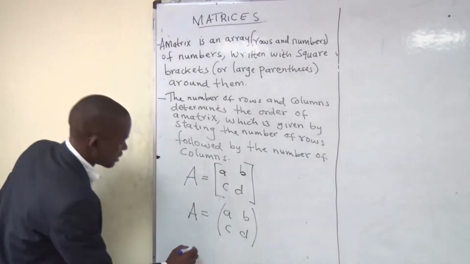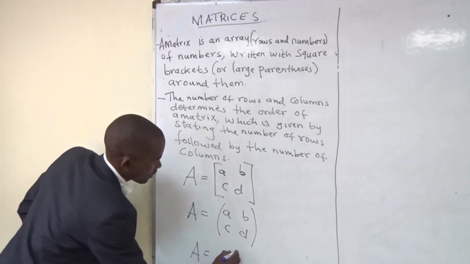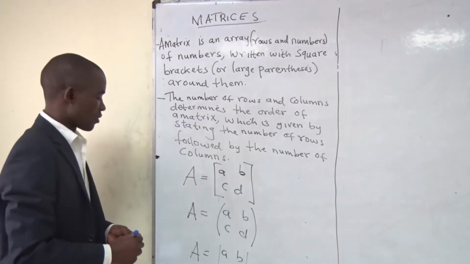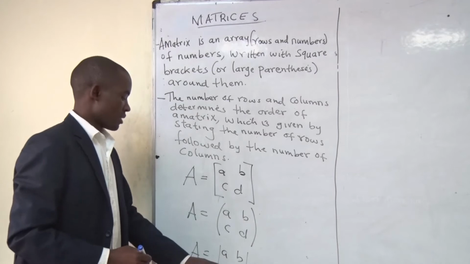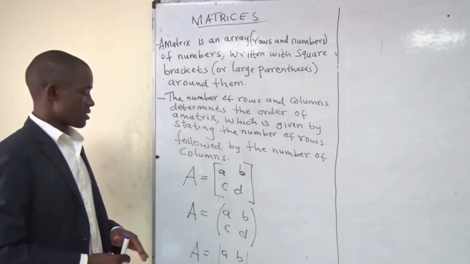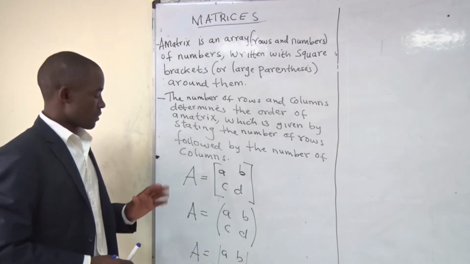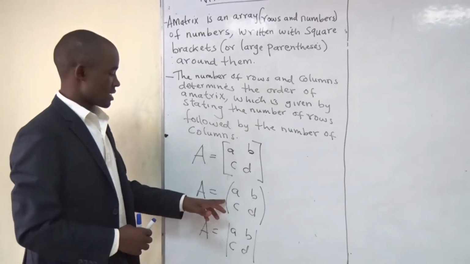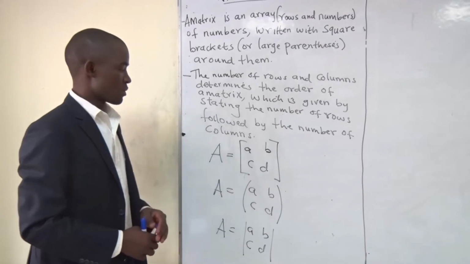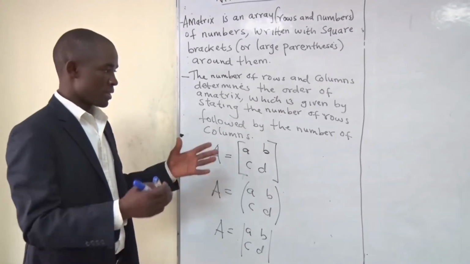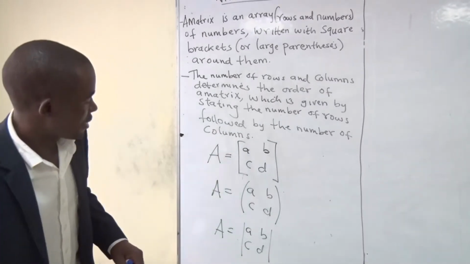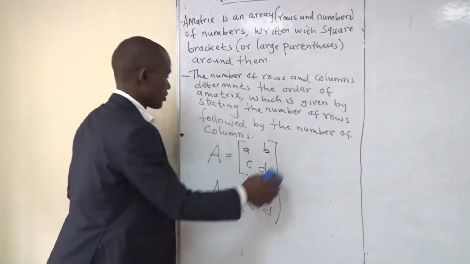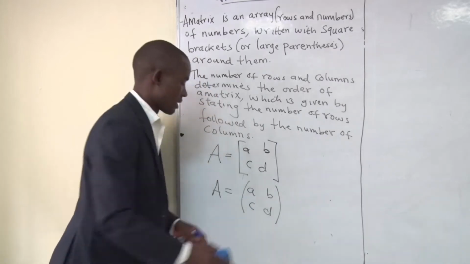Remember, if you use other brackets, it will mean something different. We'll be coming to this later on. But strictly when you are dealing with matrices, make sure the kind of brackets you use are of this nature, because using any other brackets will mean something different. So I've said matrices can be represented by either parentheses or square brackets, and this is an example of a matrix.